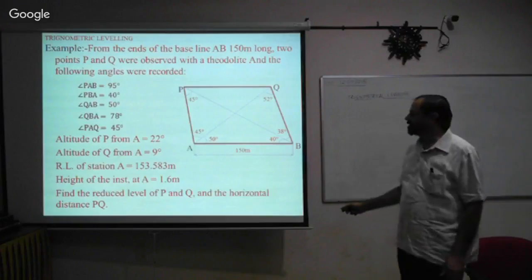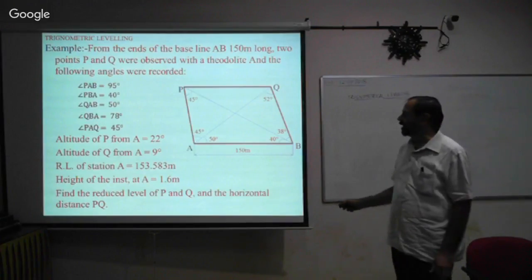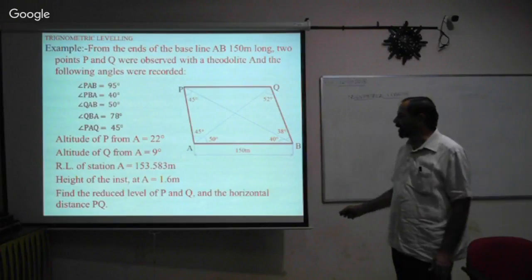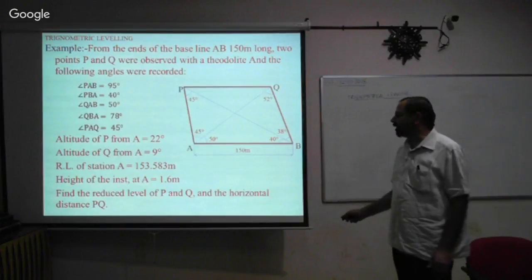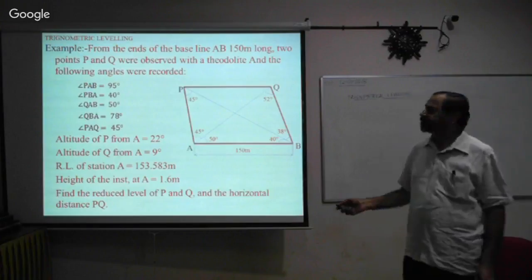Now, RL of the station A is 153.583 meters. Now, height of the instrument at A is 1.6 meters. Find the reduced level of P and Q and the horizontal distance PQ.